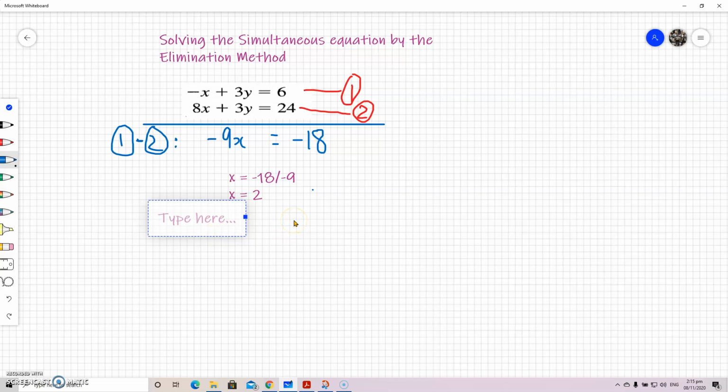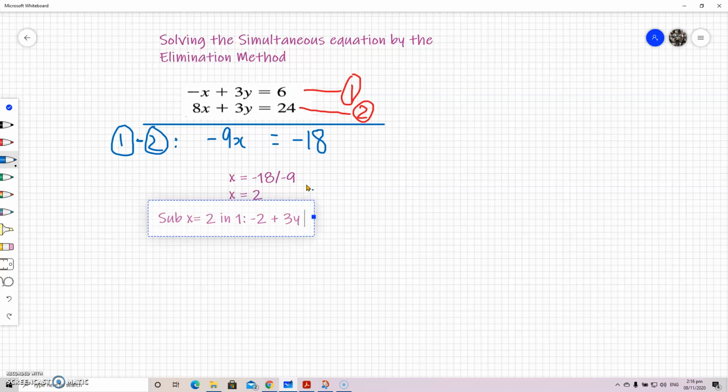So I substitute x equal to 2 in equation 1. Let's see what happens. Remember it's minus x, so this becomes minus 2. You need to pay attention to your signs. Don't forget those signs, it makes a difference.